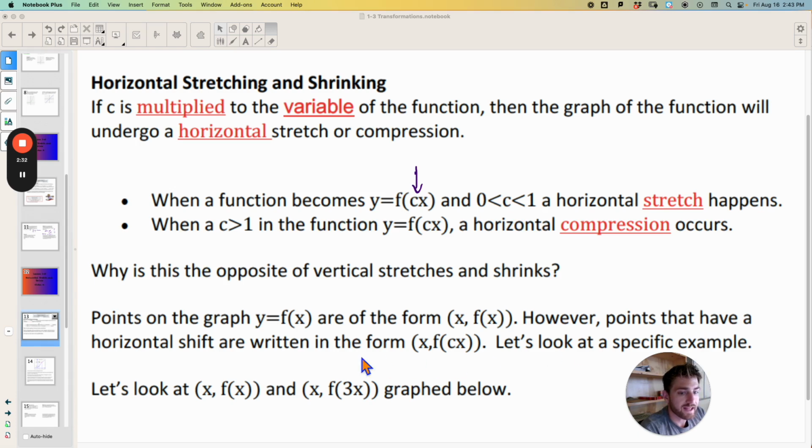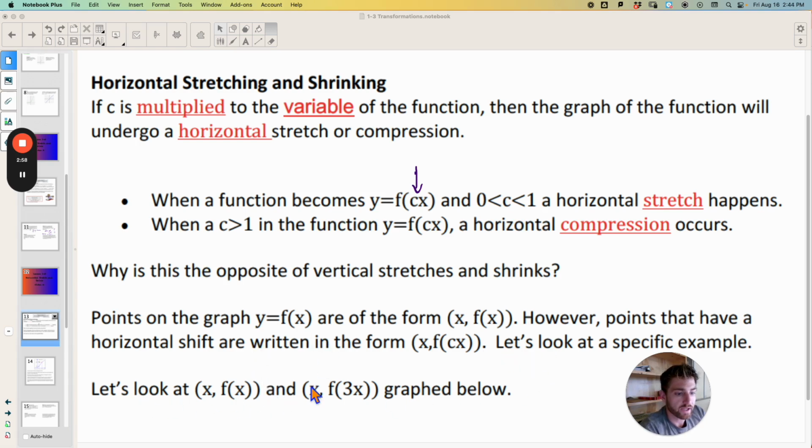However, the points that have a horizontal shift are written of this form, where you have this constant on the inside being multiplied by x first before it's plugged into this function. So notice c is on the inside of these parentheses, and x is getting multiplied by c, this constant, before it gets plugged into the function.